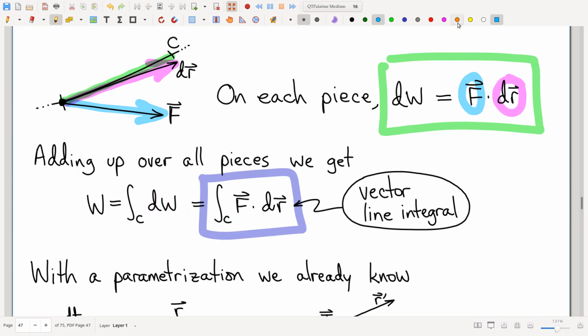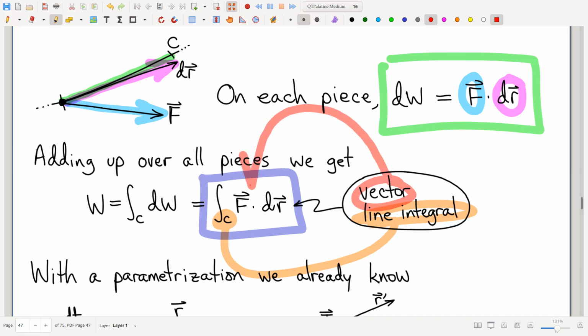We have a line integral because, again, we're adding up over an entire curve. So the term line integral makes sense, but it's really a different kind of critter. This is a vector integrand. But worse than that, creepier than that, we have a vector differential.